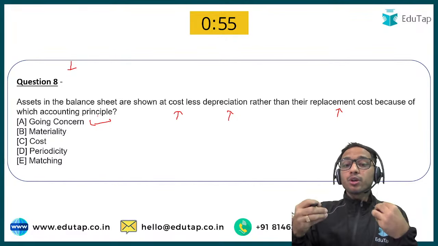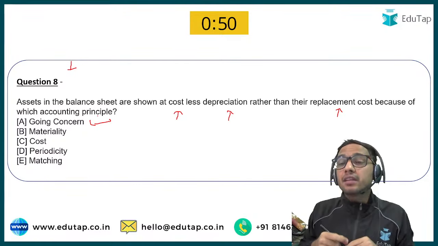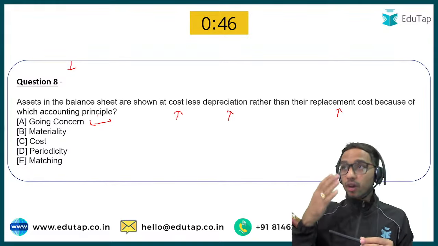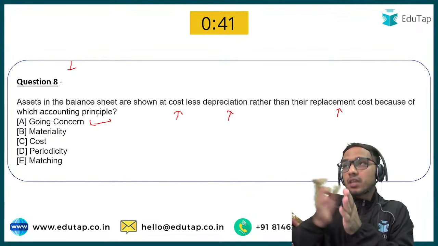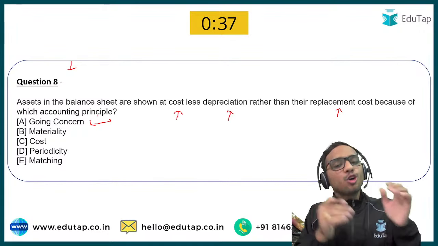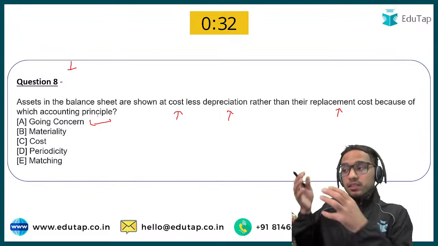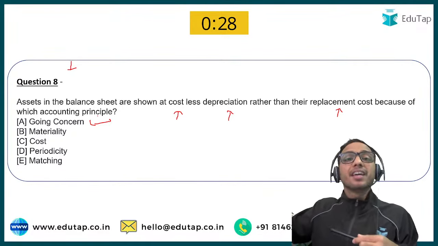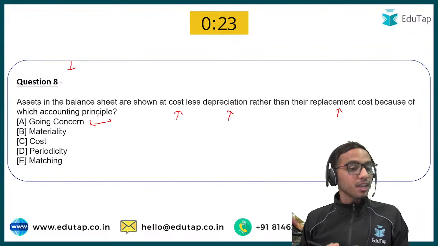You are going to show your asset at the replacement cost only when you think that we are going to shut down our business. Then only you can do that. But if you are going to continue your business for a foreseeable future, you are going to show your assets at cost only, less depreciation. Why? Because this asset is going to give us benefit for the multiple years that are going to come ahead, so you are not going to show it at the replacement cost. So the correct option would be going concern.